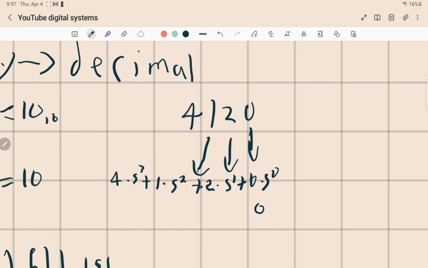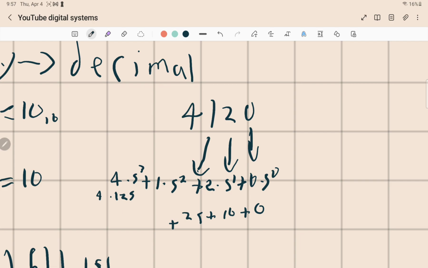So it's 0 plus 10 plus 25 plus, that's 125 times 4.